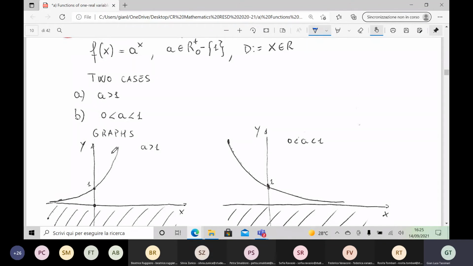Obviously, depending on the basis, you may have that the function increases more steeply, like this, like we did before for other examples. But all exponential functions with basis greater than 1 have this type of pattern, this shape.